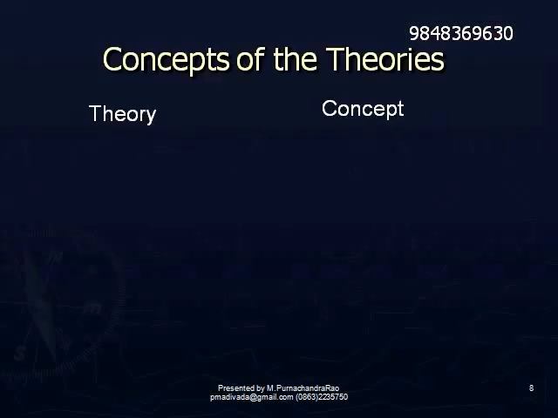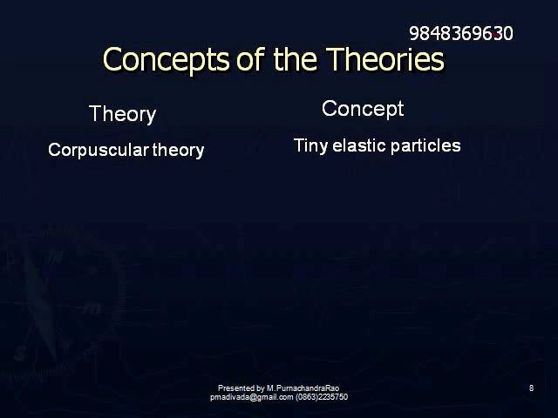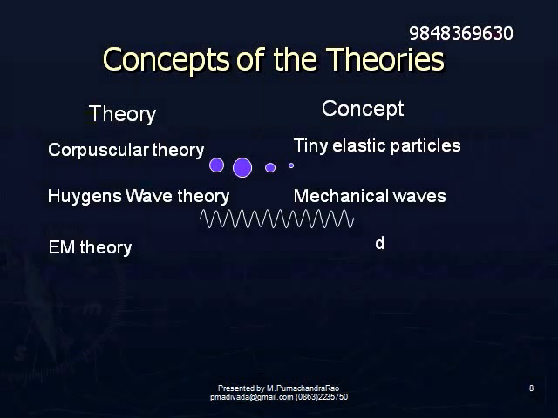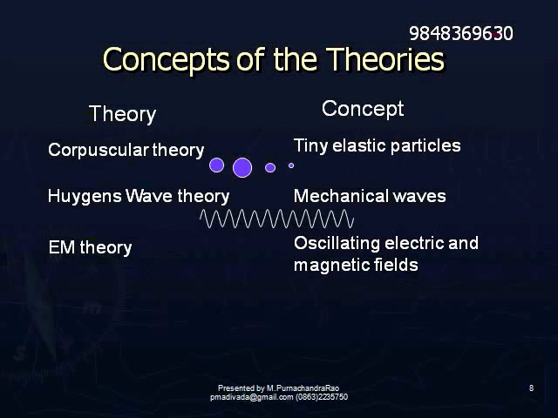Concepts of the theories. Corpuscular theory, proposed by Newton, imagined that light is composed of tiny elastic particles, like tennis balls. Huygens' wave theory proposes that light is composed of mechanical waves, like the waves on the surface of water.